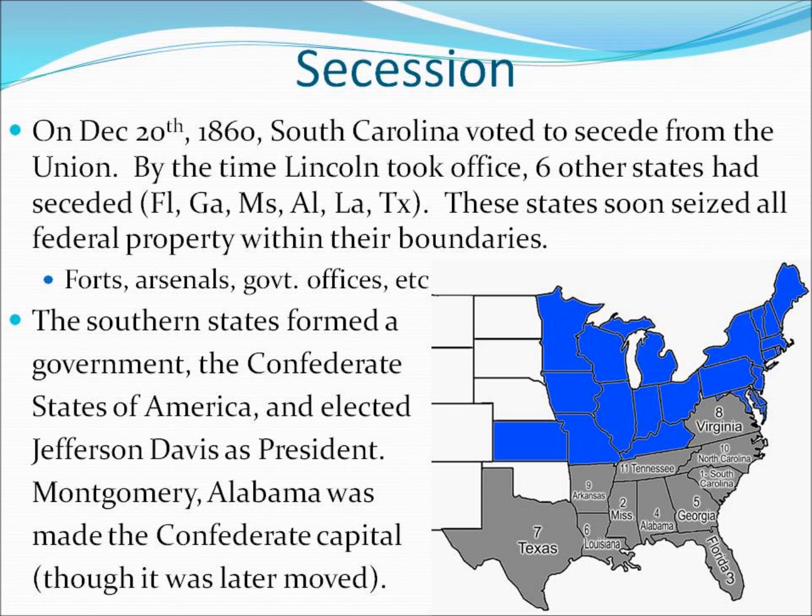What they do next is these states and the state governments begin seizing federal property within their borders. So if there was a fort or a federal building, post offices, arsenals that have weapons, anything that the federal government owned, these states begin to seize. And they meet in Montgomery, Alabama, where representatives from each state form a national level government.